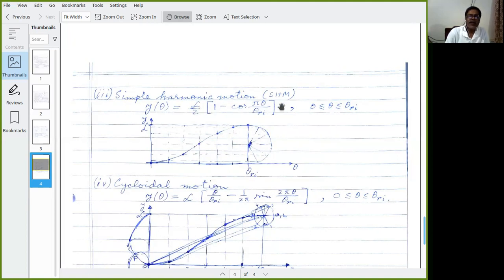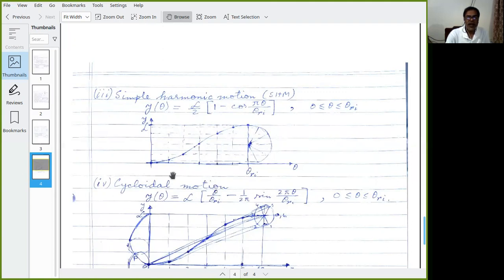There is a cute graphical method to produce this kind of theta versus y plot, which actually is important when you try to design and draw the cam profile, which we will do later.